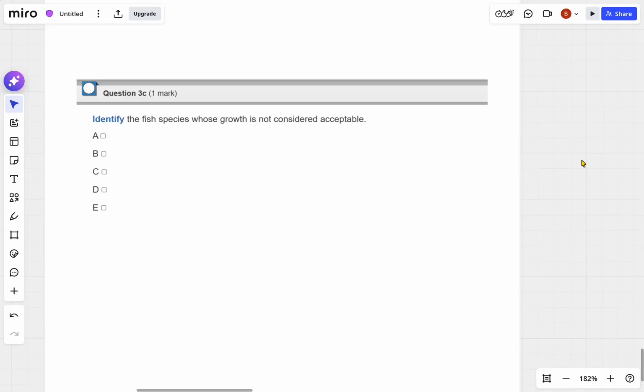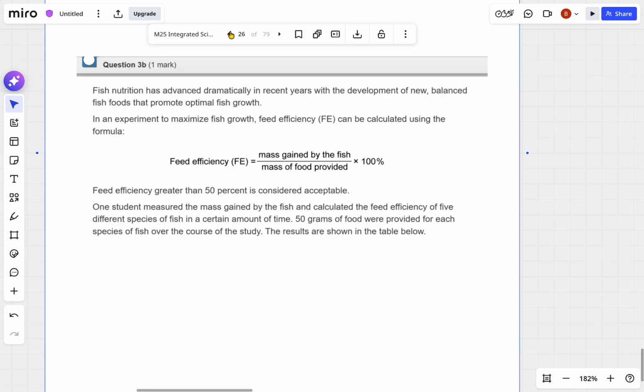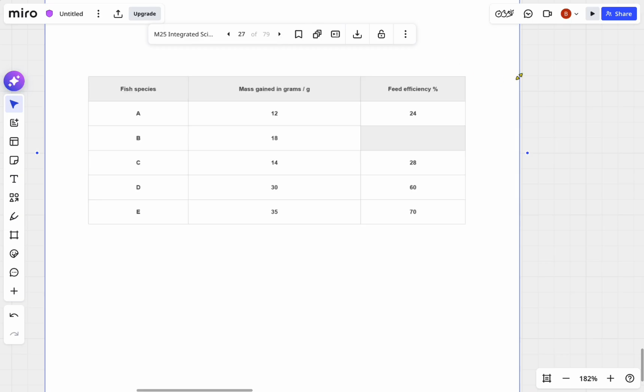Now let's look at question 3C. Identify the fish species whose growth is not considered as acceptable. To understand this, we have to move to this part where we see that feed efficiency greater than 50% is considered acceptable. Based on this constraint, let's look at the table over here. Let's look at everything that is over 50 and everything that's under 50.